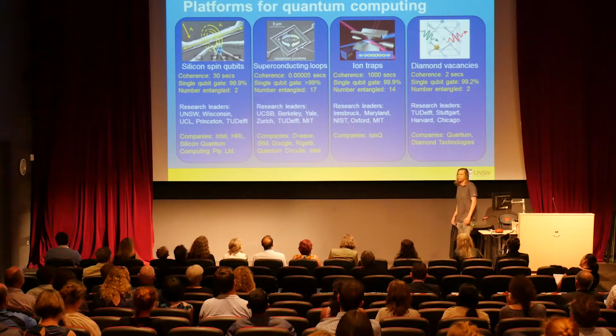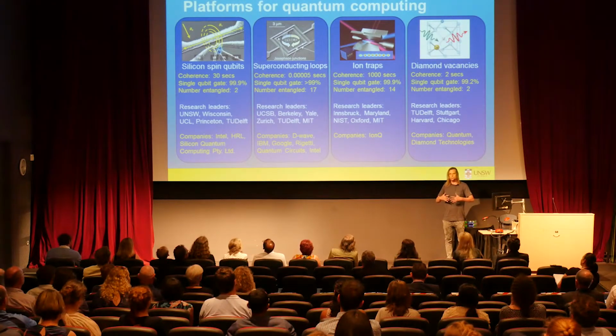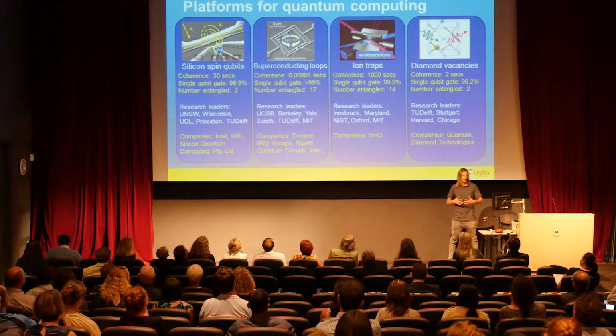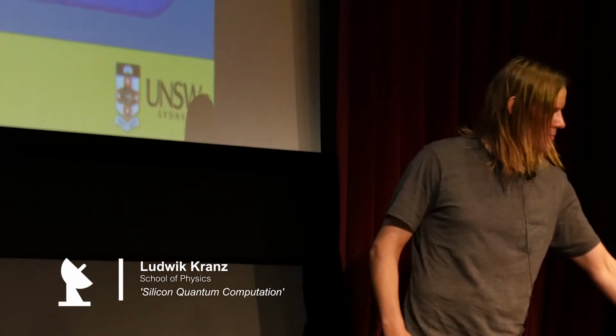All of those platforms have demonstrated very good, very robust single qubits, and there are ongoing efforts to show a strategy for how to couple multiple qubits together in a scalable way. Here at UNSW, we work with silicon spin qubits, and we hope that as soon as we have the basic building blocks, we can use the expertise of the microelectronics industry to put billions of those qubits on a single silicon chip.